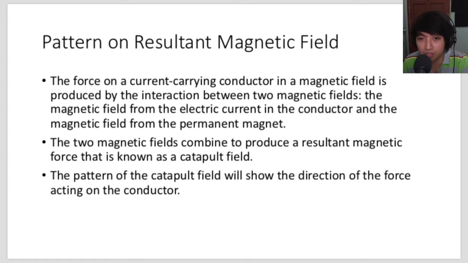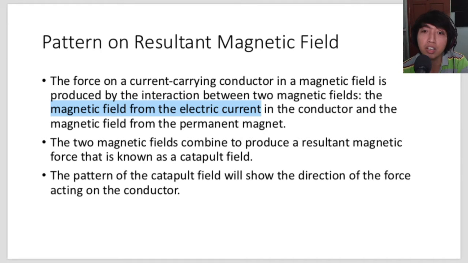The great thing about this is it gives us a certain amount of control. The permanent magnet, you can't really control because it's a permanent magnet. But the magnetic field from the electric current flowing through the conductor, you can control somewhat.